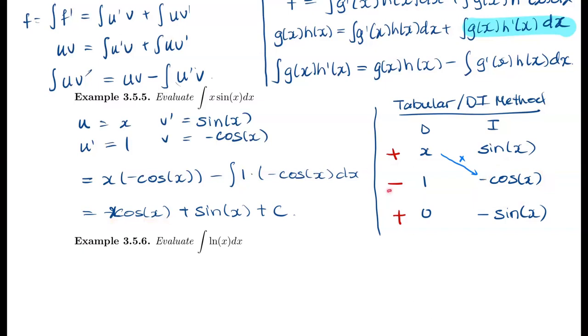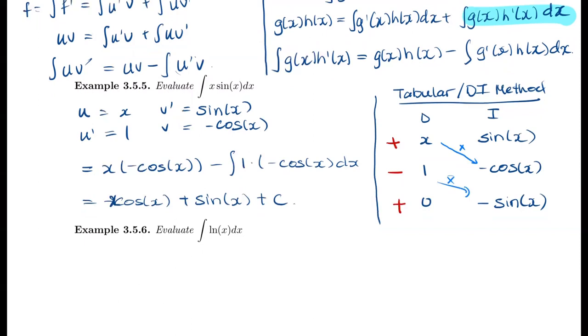If we take the negative one, we also have to include this negative, and the sine of x here, and multiplying those, you get the sine of x here. And then plus c. So that's how the tabular method works. Once you get this part, you're good, and you could just go straight to the answer.